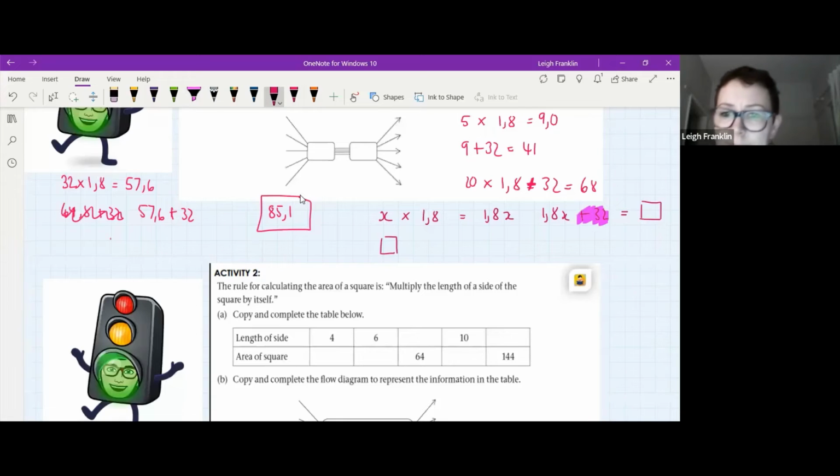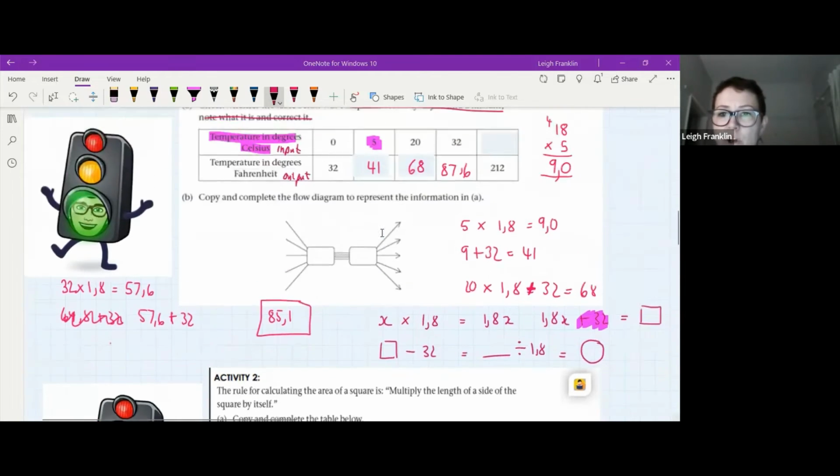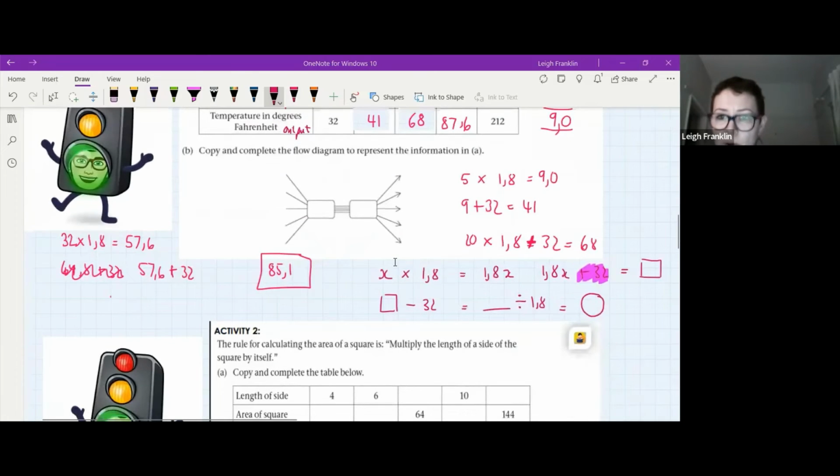So I have to first take away 32, and only then can I do the opposite of timesing by 1,8, which is to divide by 1,8 in order to get to my answer. So I've got to undo things in the order in which they were done.